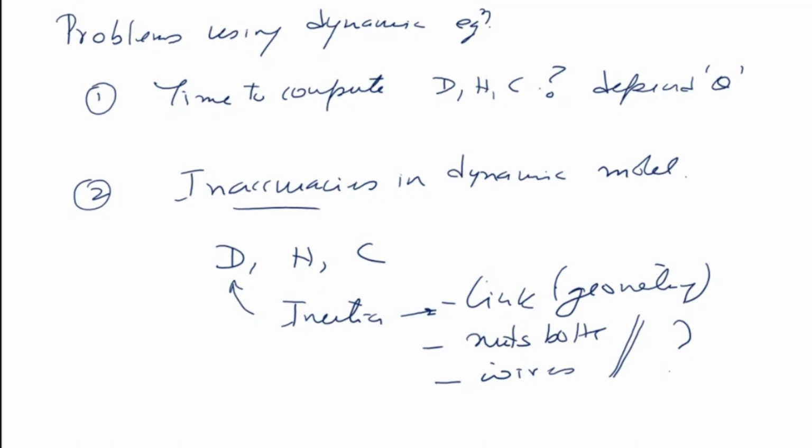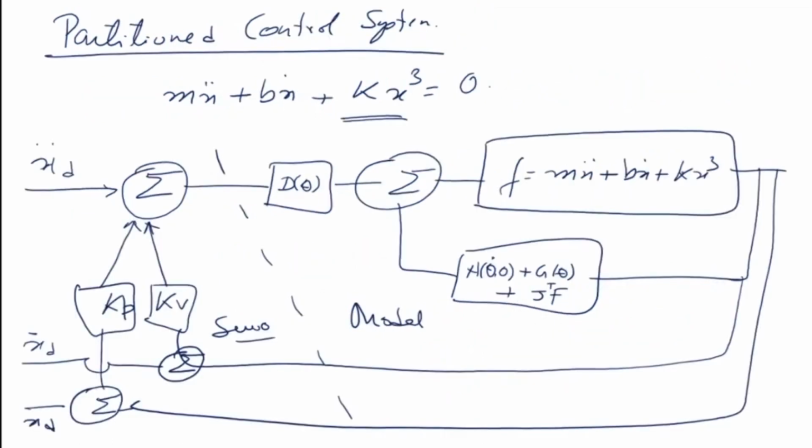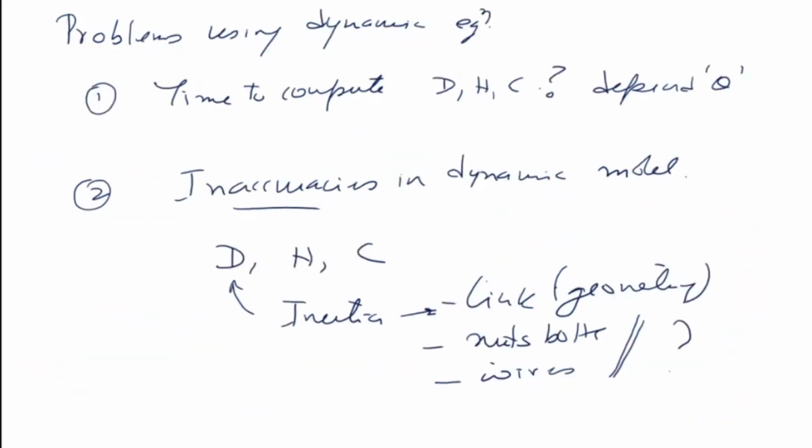So, in the dynamic model that we just drew some time back, we use an approximate model. So it is D cap, H cap, and G cap. Basically we have to approximate these models, not exact models, but approximate models. So we say D cap, H cap, and C cap.